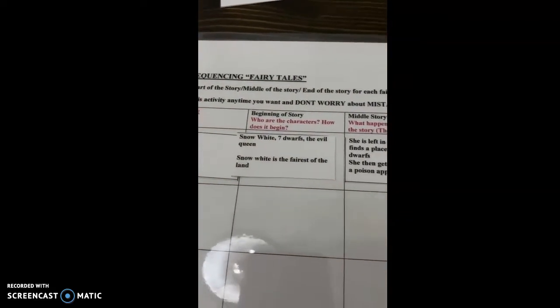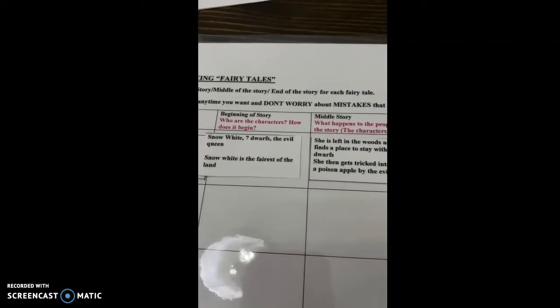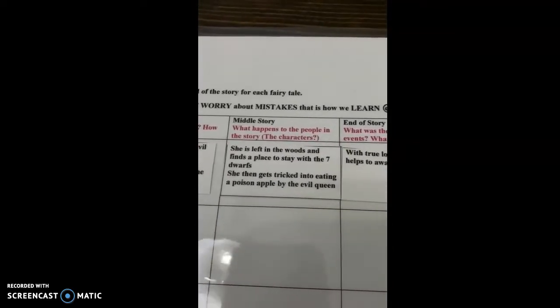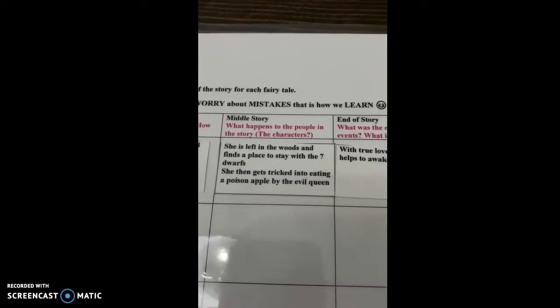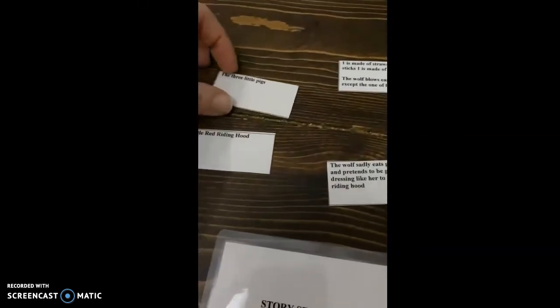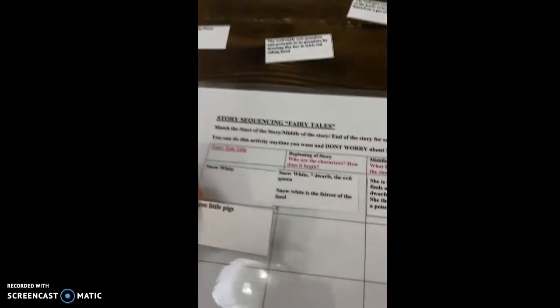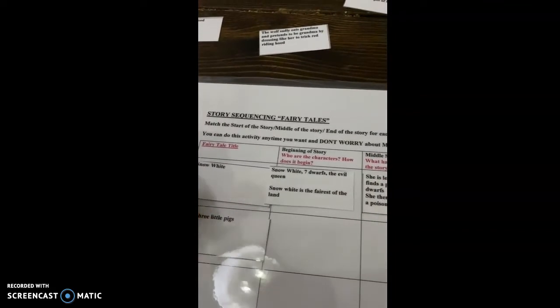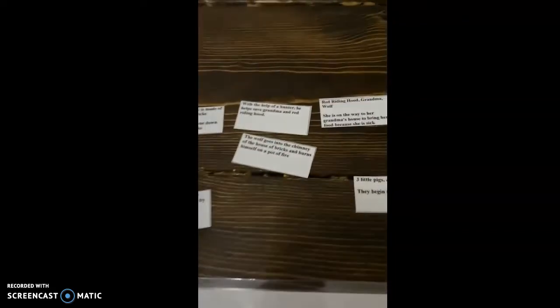As you can see here, there's the middle of the story, what happened in the story, and then the end of the story, what was the outcome, what is the solution. So of course that is the happily ever after. The student would then decide where each tile goes.